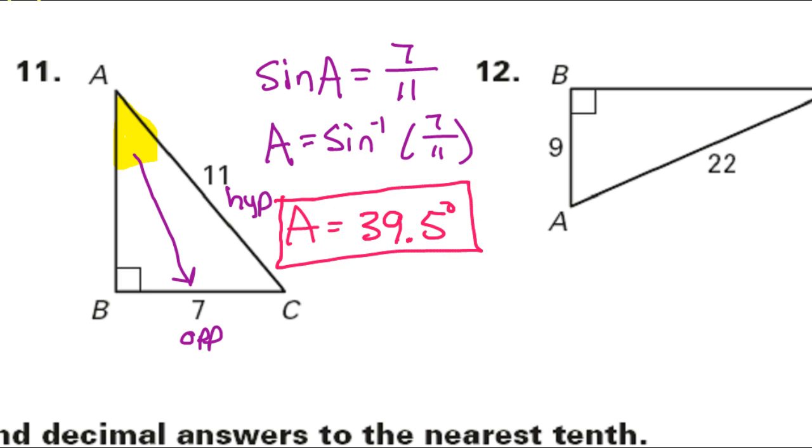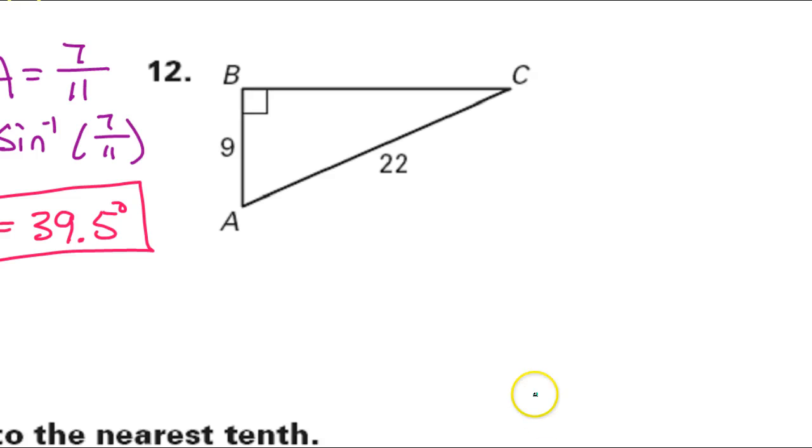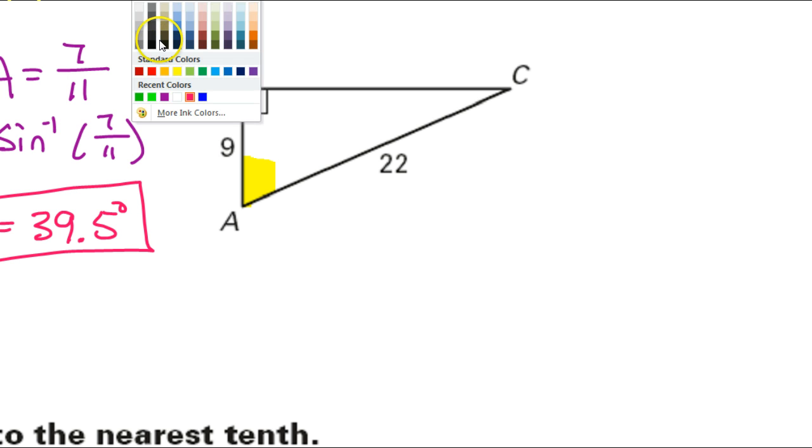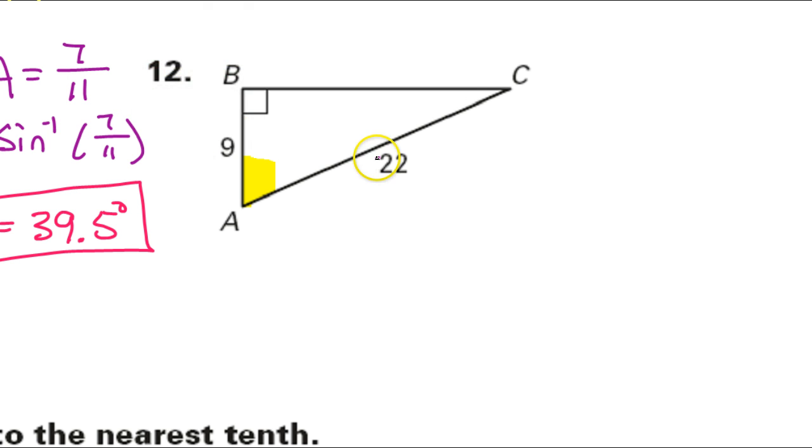Okay, last one, number 12. Alright, according to the directions, we are always finding angle A for now. So, one more time. Are either one of these numbers that were given the hypotenuse? Sure, this 22 is the hypotenuse.